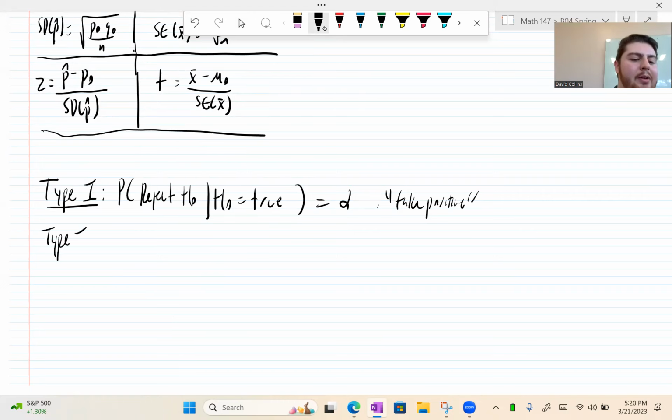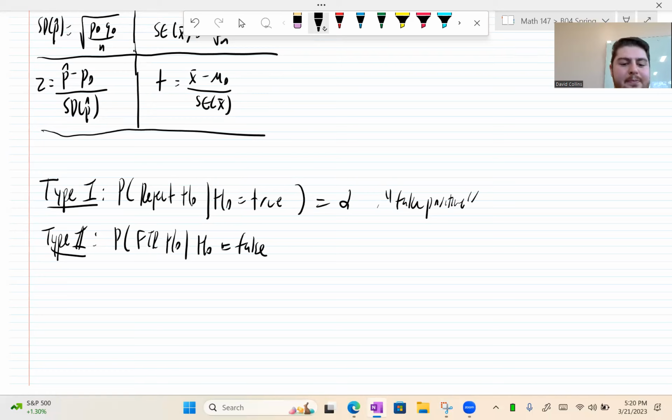A type 2 error is the probability of fail to reject H naught given H naught is false. This is called beta. I'll explain what that is in a second. It is a false negative.